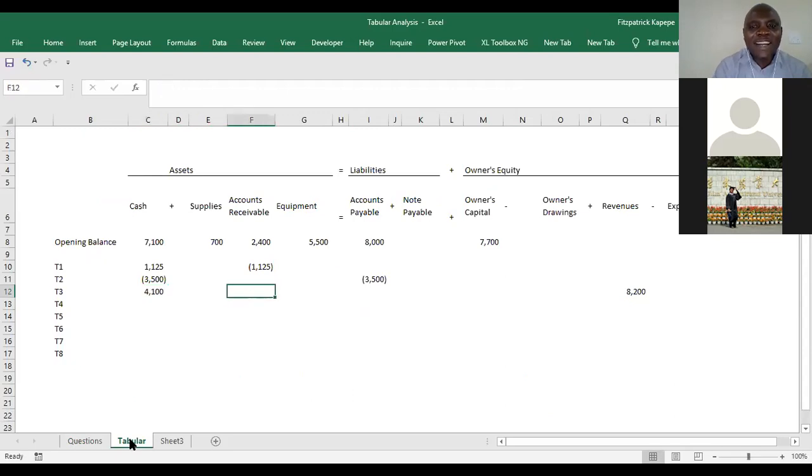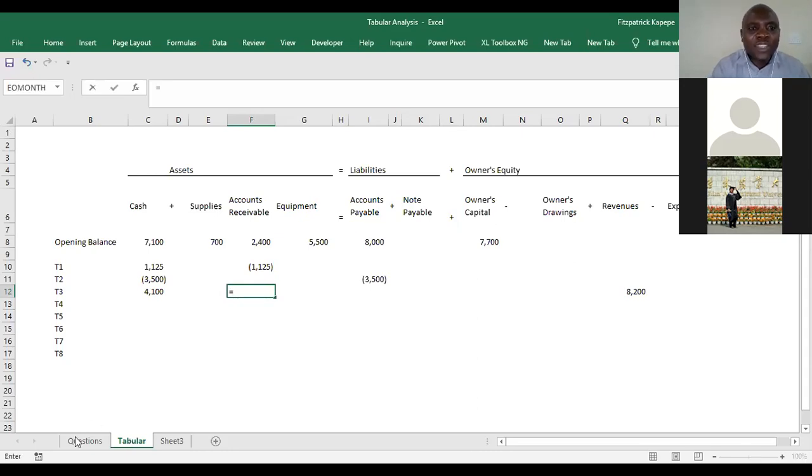Meaning that the other component is now part of our trade receivables. Trade receivables is what is owed to us by our customers, whereas trade payables is what we owe those that supply goods and services to us.